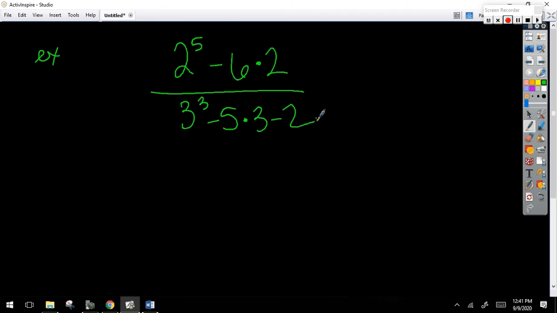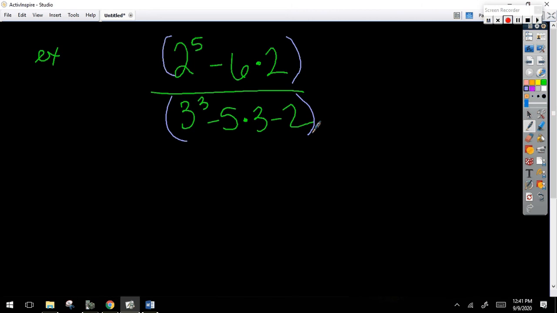When we deal with fractions, they group things on their own. So we say parentheses, but what we really mean are any grouping symbols. It's always a good thing if you have a fraction that you do the top and the bottom separately when you simplify. Does that make sense to you?